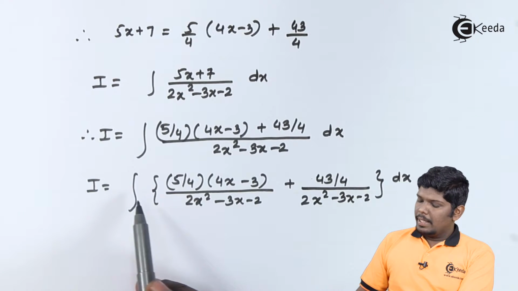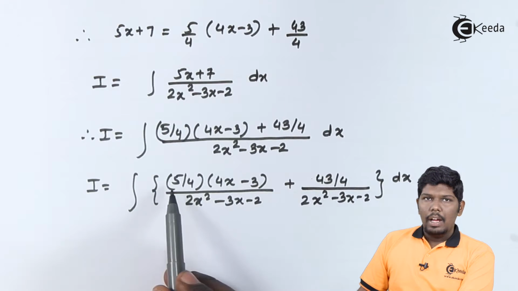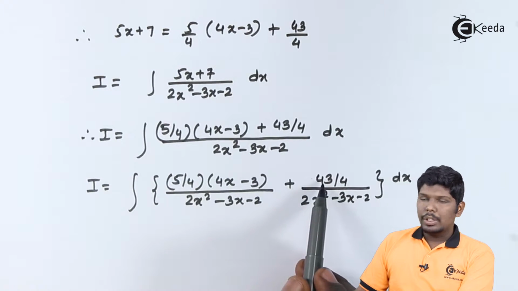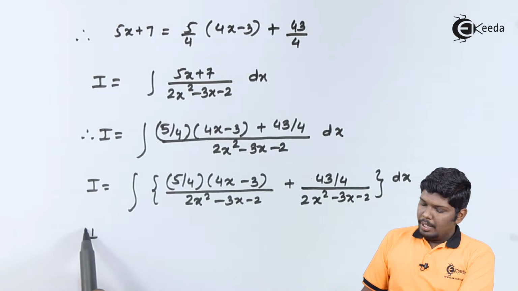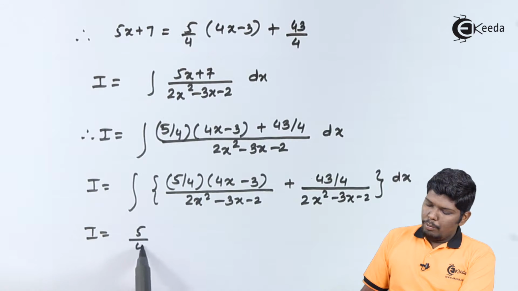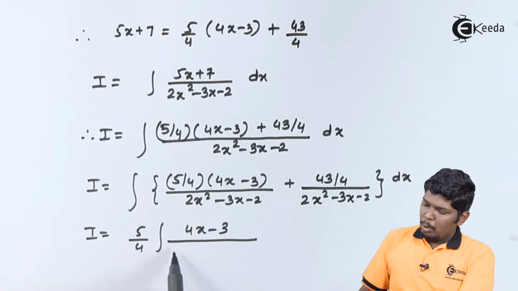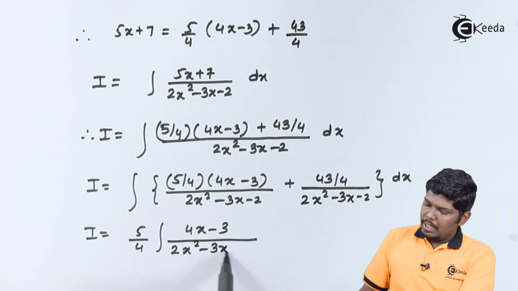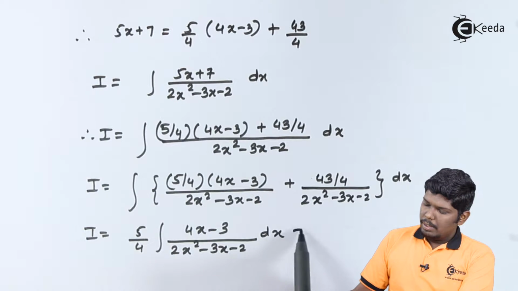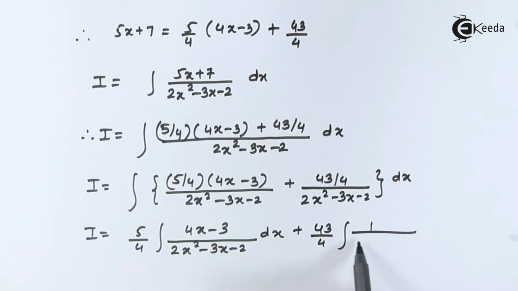In the next step, we can separate this integration to both the terms and at the same time we can take this constant part outside. This will give you 5 upon 4 integral 4x minus 3 upon 2x square minus 3x minus 2 dx plus 43 upon 4 integral 1 upon 2x square minus 3x minus 2 dx.